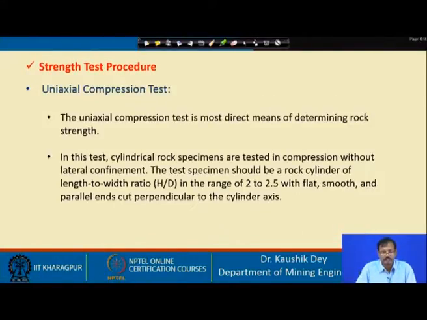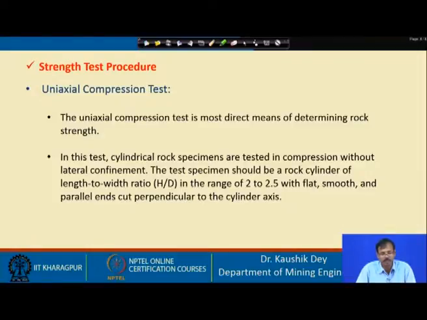Point load test can be correlated with the uniaxial compressive test. For say coal measure rock, the point load index can be multiplied by 24 to get the uniaxial compressive strength.